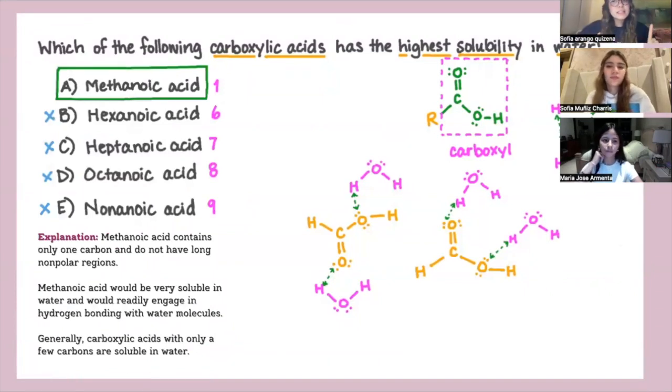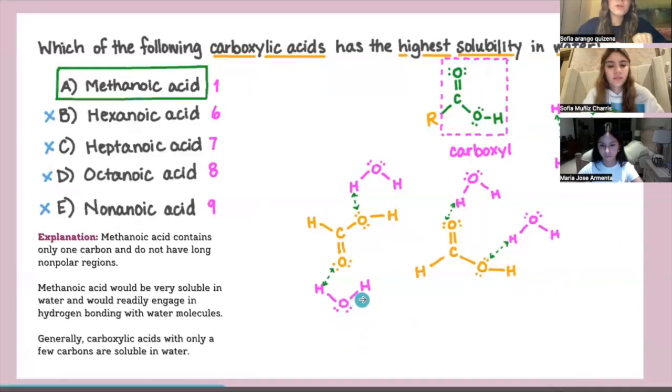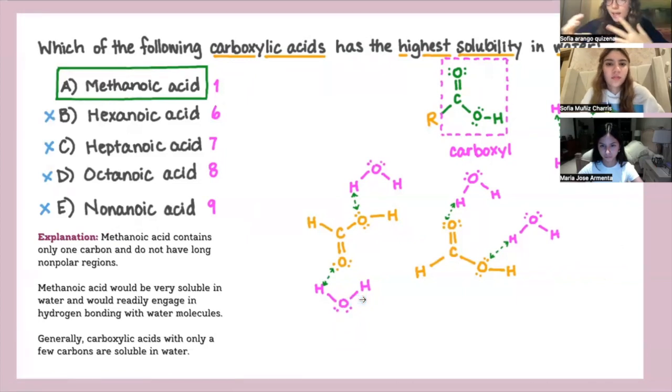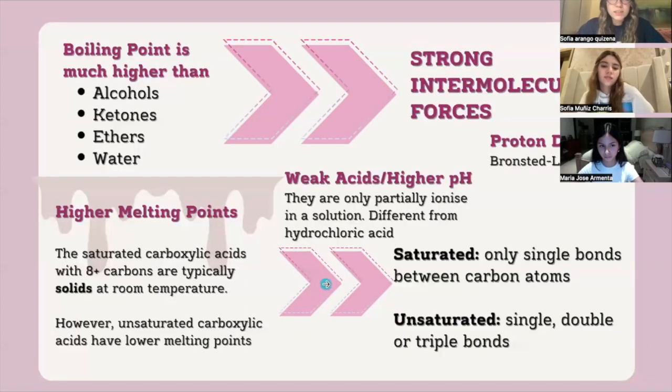This is because it contains only one carbon, and the fewer carbons it has, the more easily it dissolves. We can see here in the presentation that methanoic acid will be very soluble in water and is ready to engage in hydrogen bonding.